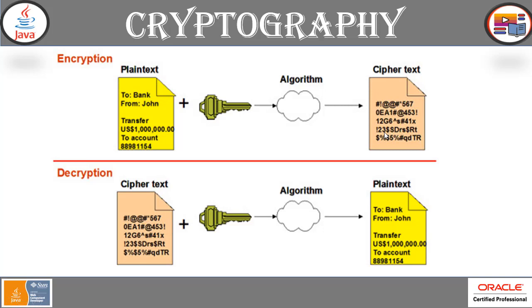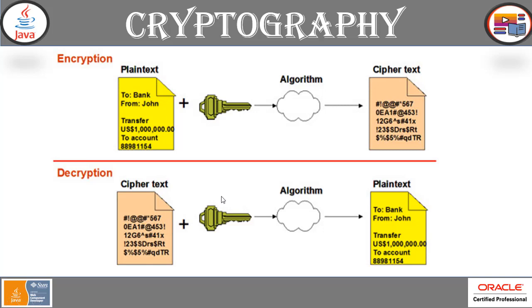It also contains special characters, numbers, and a complete combination of all characters. This has to be decrypted with the key to send it to the bank from John. So you see, this plain text is received by the bank after decryption. This complete process is called a cryptography algorithm. It happens in this way.